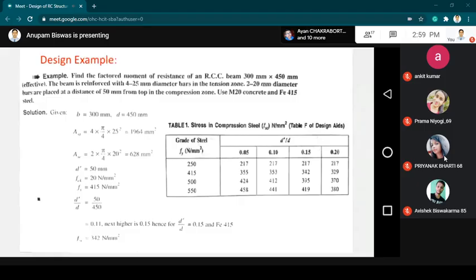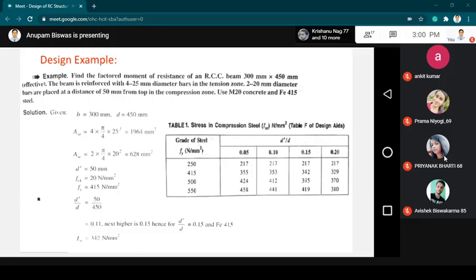concrete and steel. So for this, we have to first find the area of the tensile reinforcement AST, that is AST1. We know the value of ASC. Okay, d dash is 50 mm, fck is 20 Newton per mm square, fy for Fe415 is 415 Newton per mm square. So all these values are known.